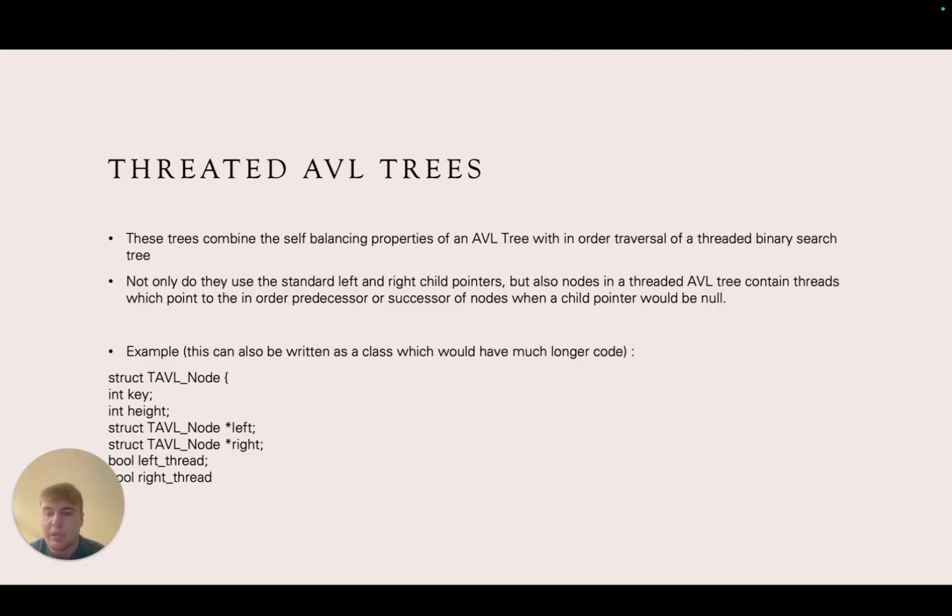This is an example right here. I used a struct because a class would be too long to put in the presentation, but like I said, I will make a part 4 to this video, which will most likely be the last video of this series, just so I can show you the code for these.